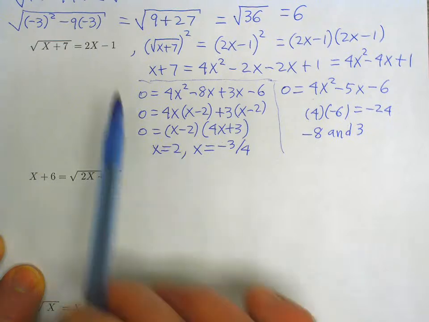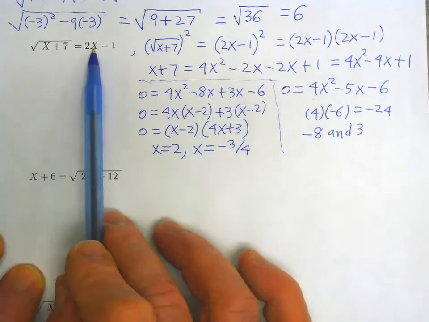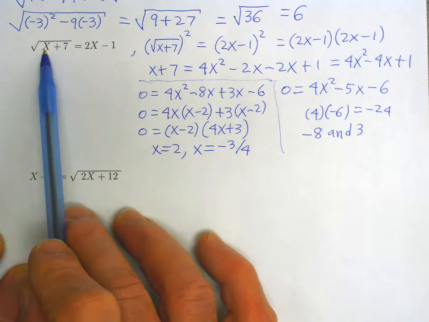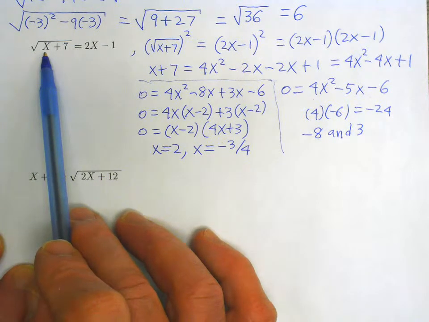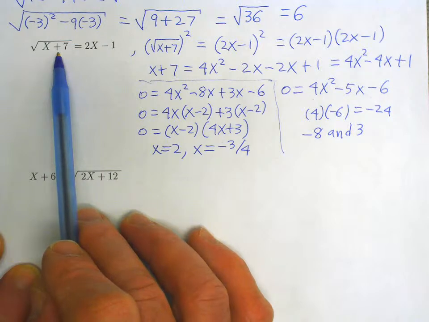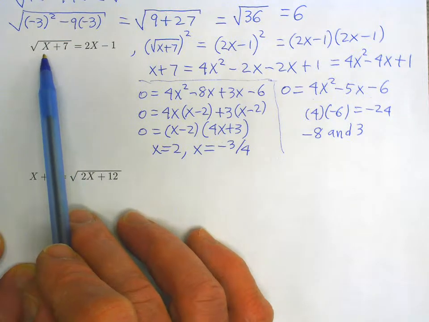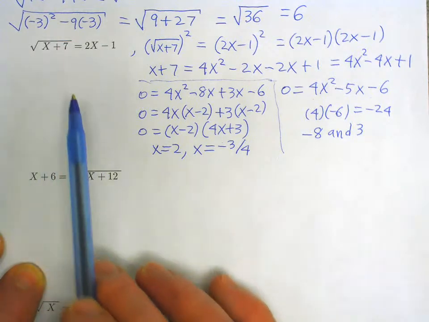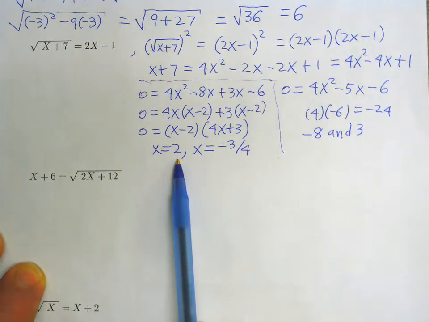Let's just imagine what happens if you replace every x with 2. So on the left-hand side, we get the positive square root of 2 plus 7, or the positive square root of 9, which is positive 3.